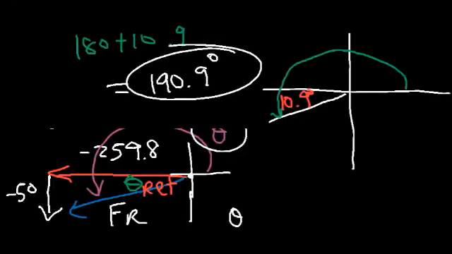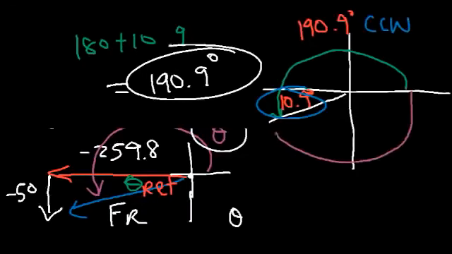So that is the direction of the force vector, or the resultant vector, from the positive x-axis. If you want to measure from the negative x-axis, it's simply 10.9 degrees below the negative x-axis. So going from the positive x-axis to the angle, this is 190.9 degrees, counterclockwise from the positive x-axis.